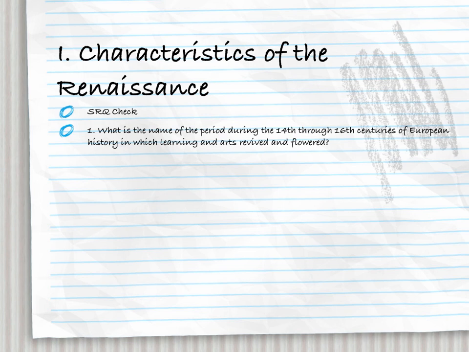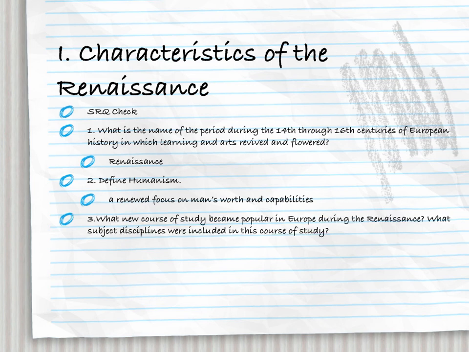So the answer to question number 1 is the Renaissance, which means rebirth in French. Okay, define humanism. A renewed focus on man's worth and capabilities. What new course of study became popular in Europe during the Renaissance?